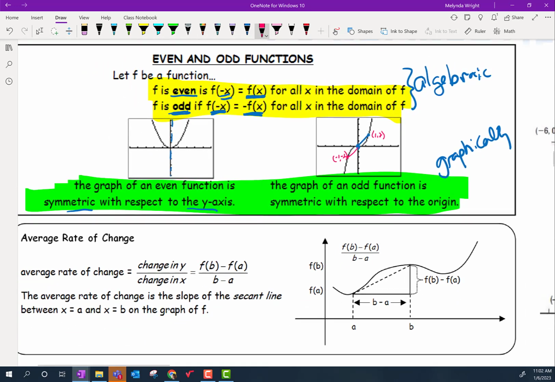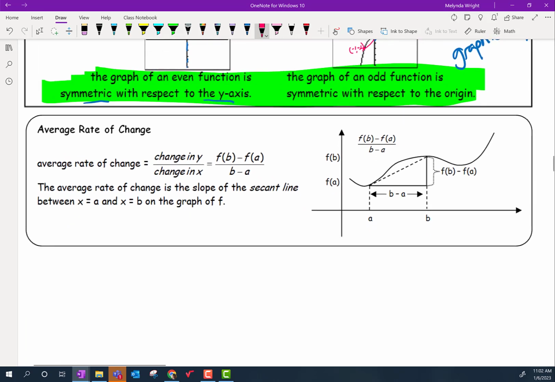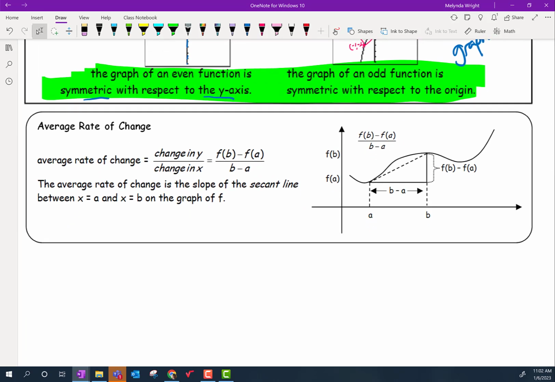Let's stay on this side for just a moment. We did talk yesterday about secant lines. If you remember, the secant line is attached at 2 spots right here. And we have a formula called average rate of change.